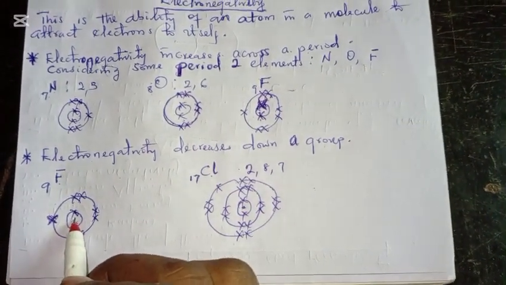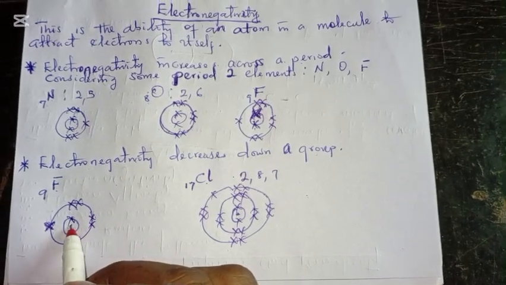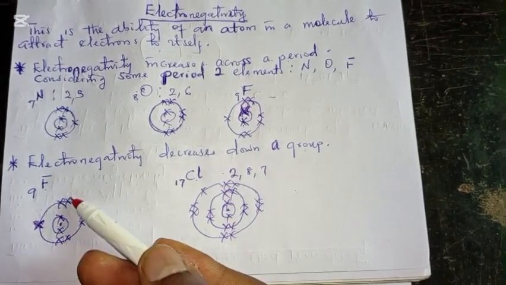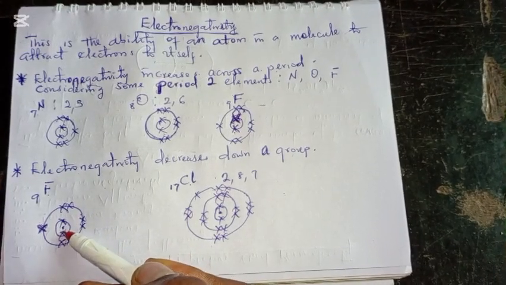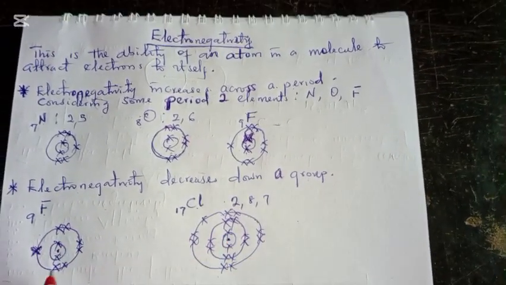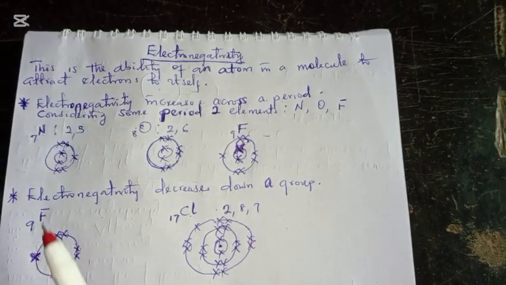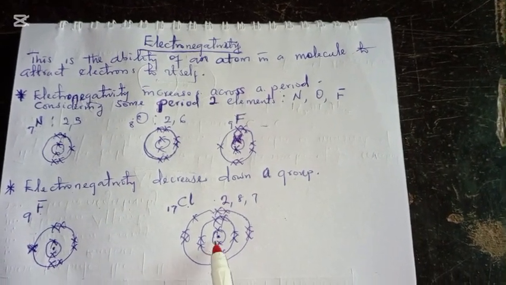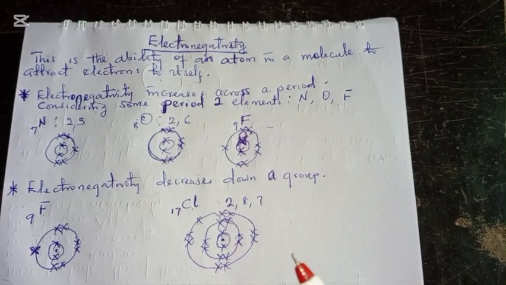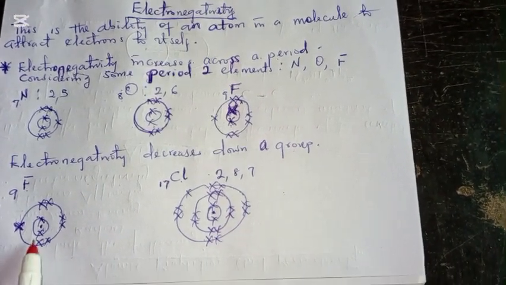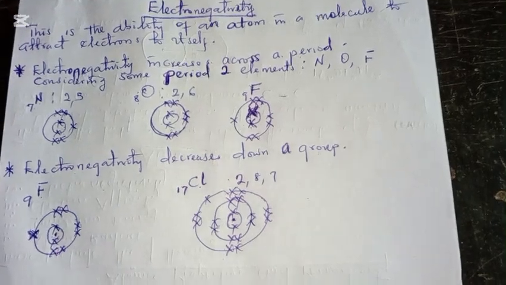On that note, the protons in fluorine tend to drag electrons closer to themselves than those of chlorine. So fluorine will easily attract electrons to itself. Are you following through? While for chlorine, the ability to attract the electron will be lesser in comparison with fluorine. I believe you understand.